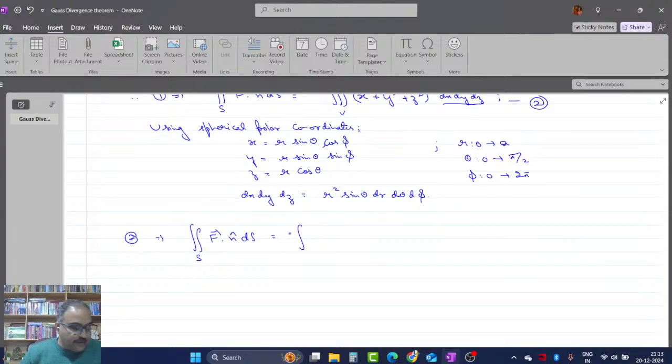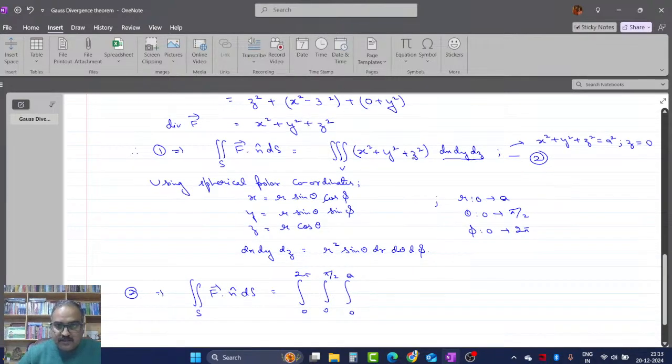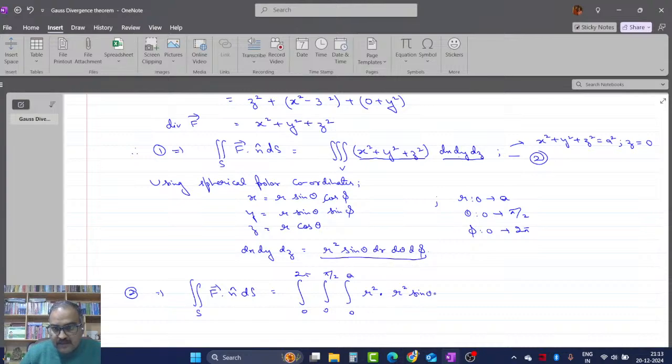So I am writing the limits of phi outside, 0 to 2 pi, then 0 to pi by 2, and the last 0 to a, of x square plus y square plus z square, which is always r square, into dx, dy, dz, that is again r square sin theta dr, d theta and d phi.